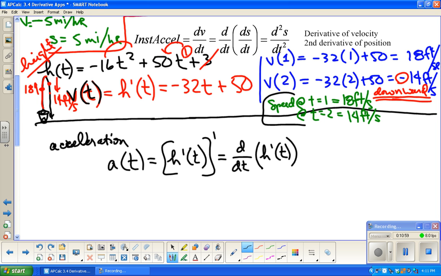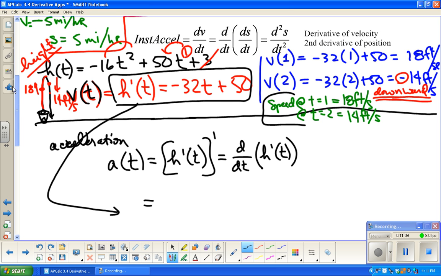Now this is a boatload of notation floating around here, but basically we're just going to do the derivative of what we just had. So I'm going to take this guy right here and do the derivative. This is h double prime, and you can write two of those little apostrophe looking guys there for double prime.